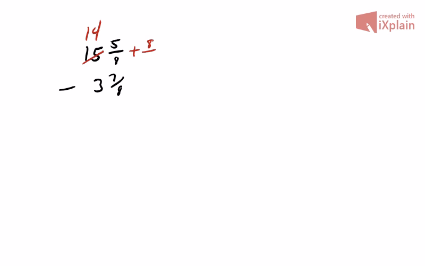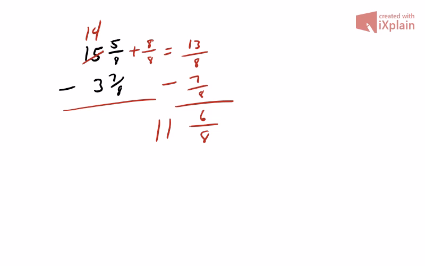I'm going to use 8 over 8, and that's going to equal 13 over 8 minus the 7/8 that's here, and then now I can subtract 7 from 13, which is 6 over the like denominator of 8, and then 3 from 14 is 11. So I have 11 and 6/8, and I realize immediately that I can reduce 6/8 down to lower terms. So I can take 2 into 6 3 times, and 2 into 8 4 times, which equals 11 and 3/4.